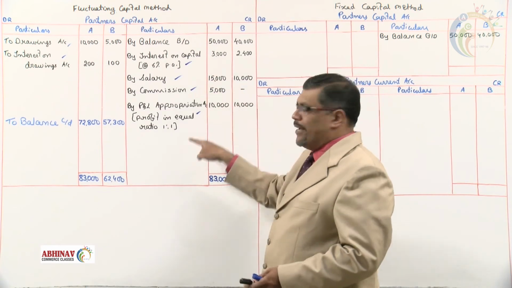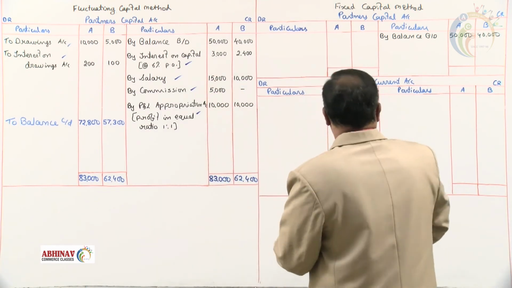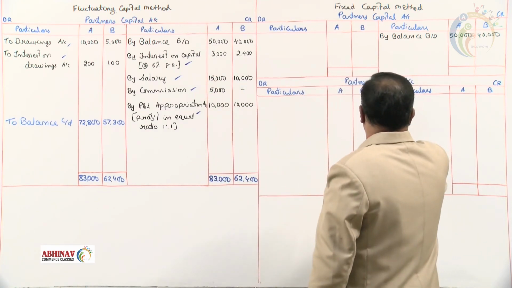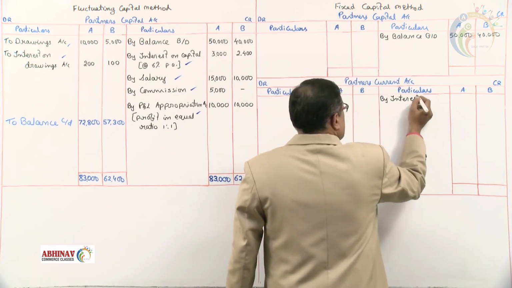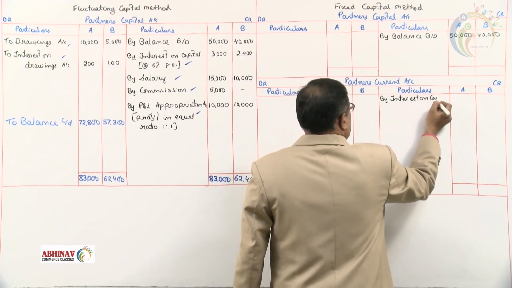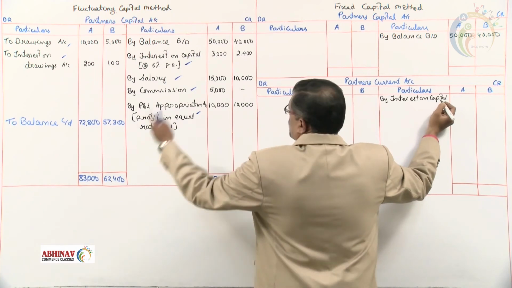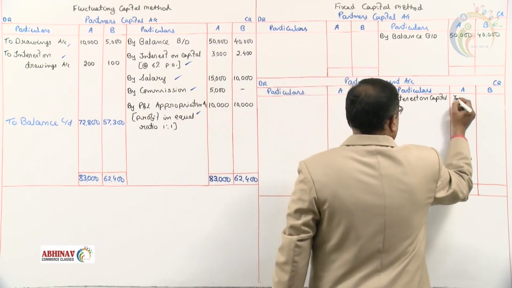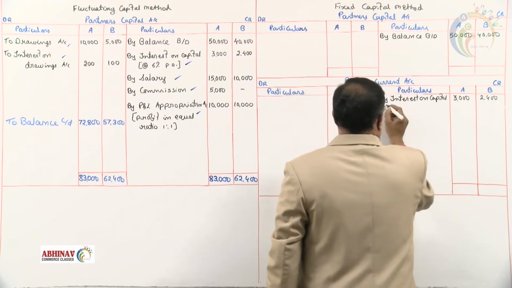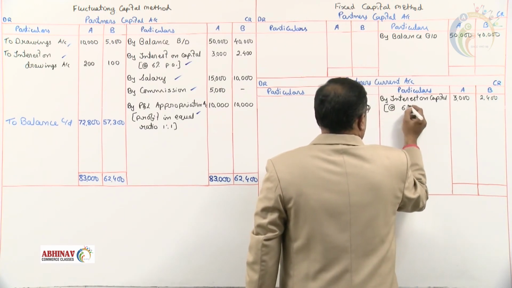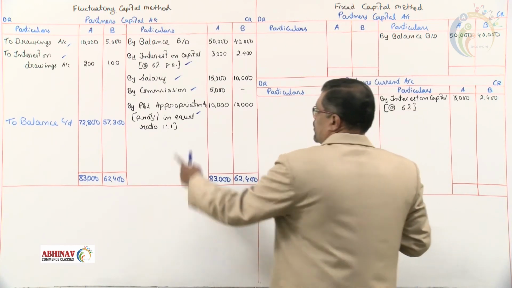So what all we have, the adjustments in your current account. What is the first one? By interest on capital, 3,000 and 2,400. The rate of interest is 6%.